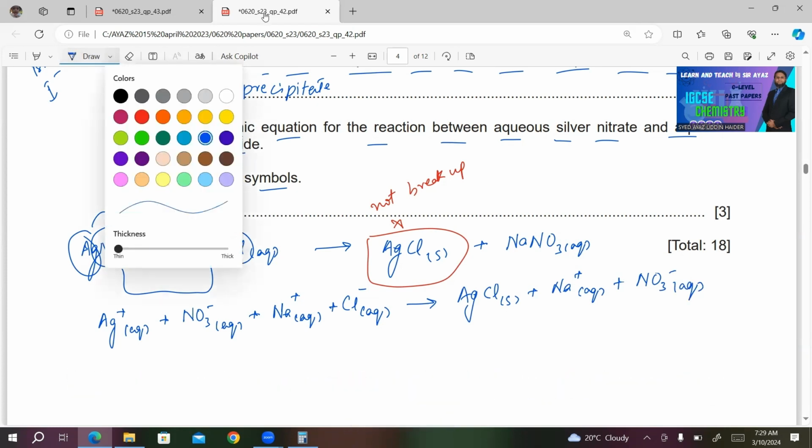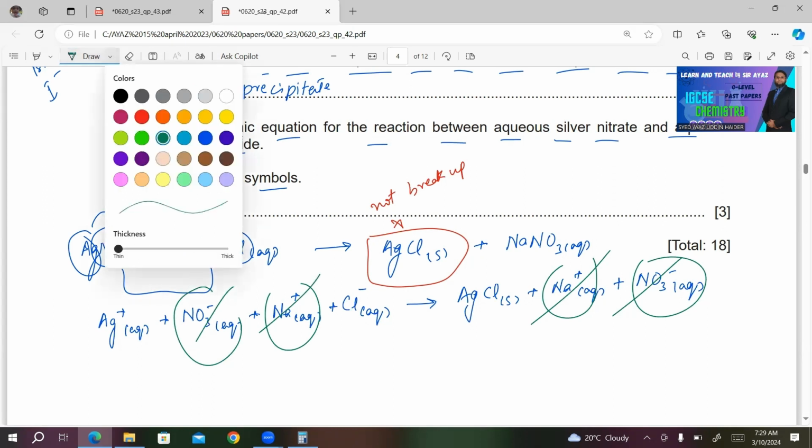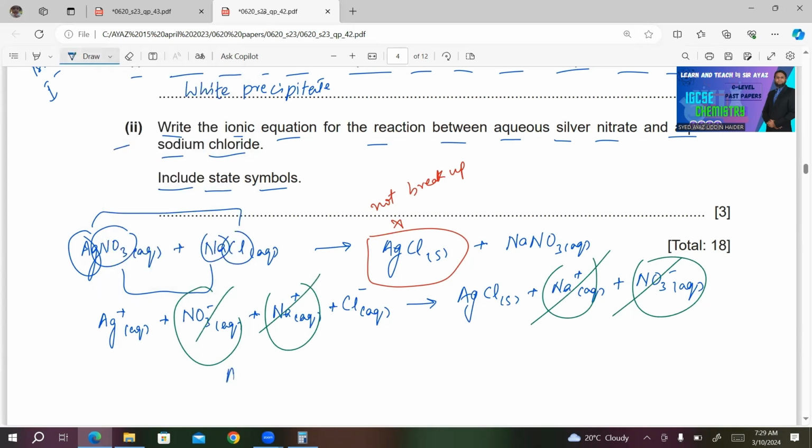On both sides of the equation, you will see NO3 is a spectator ion as well as Na. These will be cancelled out. So in the end, we will be left with these ions: Ag plus aqueous plus Cl minus aqueous gives AgCl solid. This will be the final ionic equation.